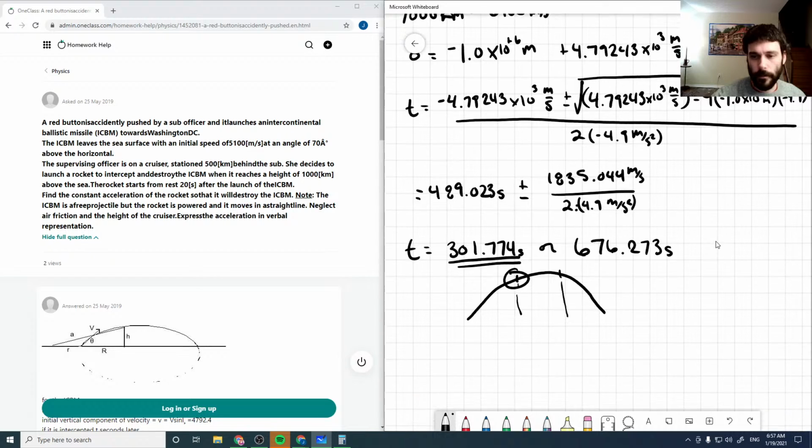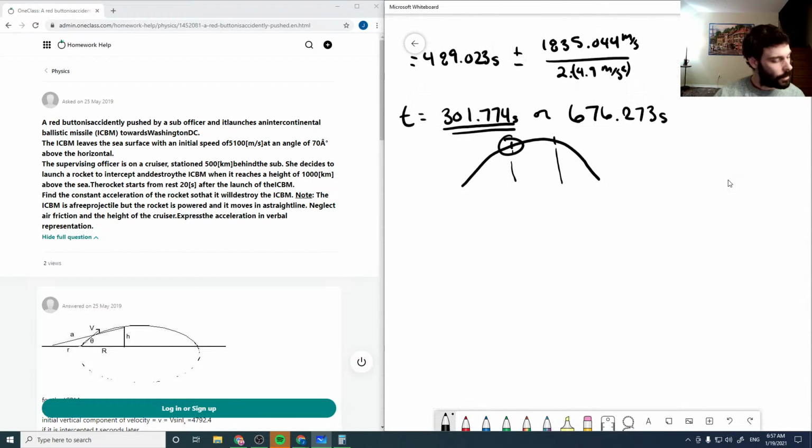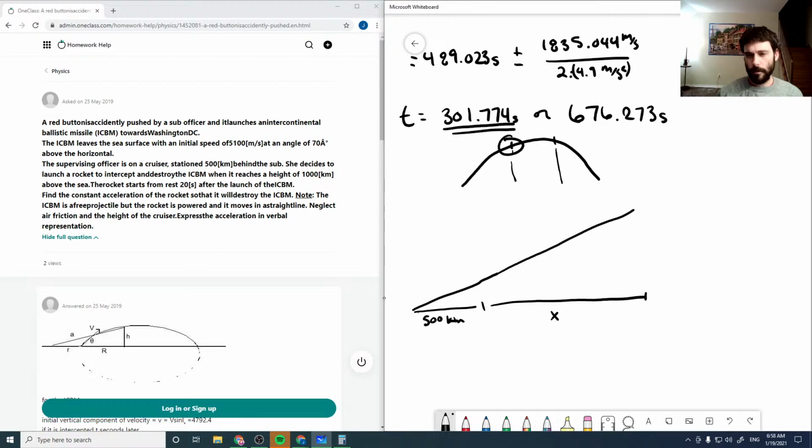To get the distance now that our rocket has to travel, our rocket needs to travel a distance of 500 kilometers plus our x for ICBM, and then in the y is the 1,000 kilometers.